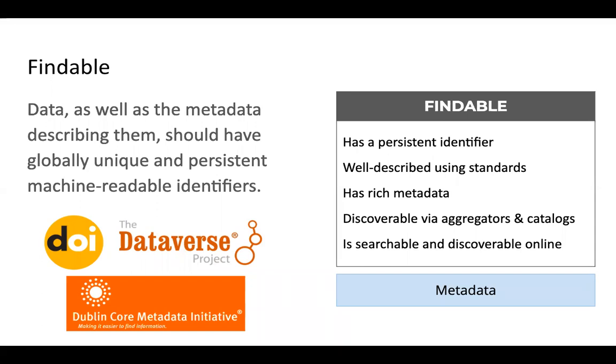And when depositing your data in a repository, you should make sure to select a repository that assigns a persistent identifier, for example, Dataverse. And rich metadata provides important context for the interpretation of your data and makes it easier for machines to conduct automated analysis.